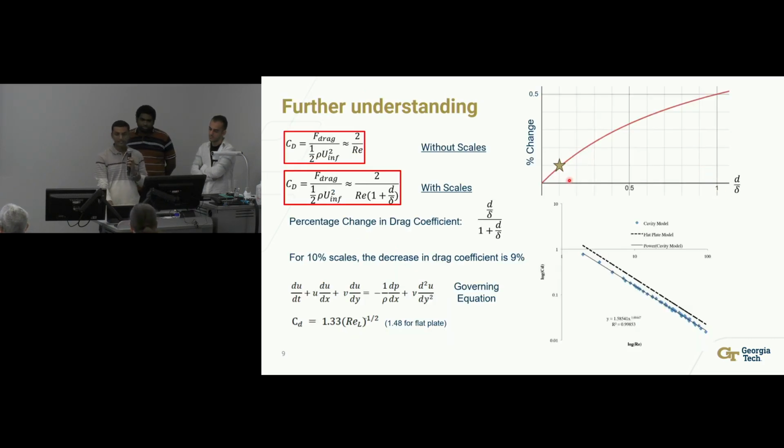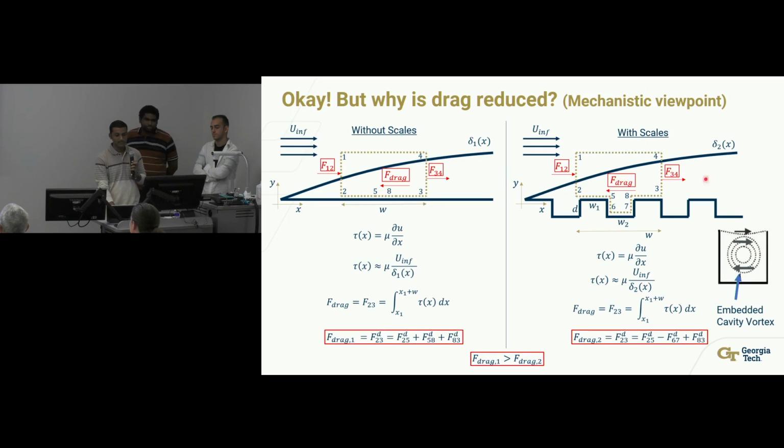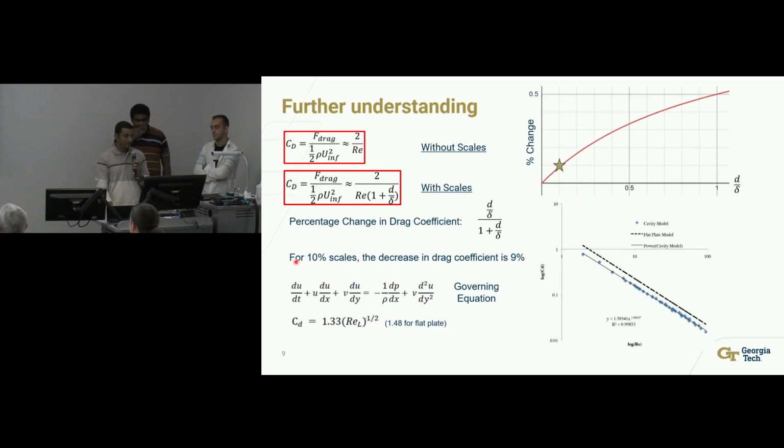Now, a fair estimate would be to assume that d by delta is almost 10%. So this length d is 10% of the entire boundary layer. Then we can clearly see that for d by delta around 10%, our drag coefficient is reduced by 9%. So with this simplistic model, we are able to come to a conclusion why this happens.